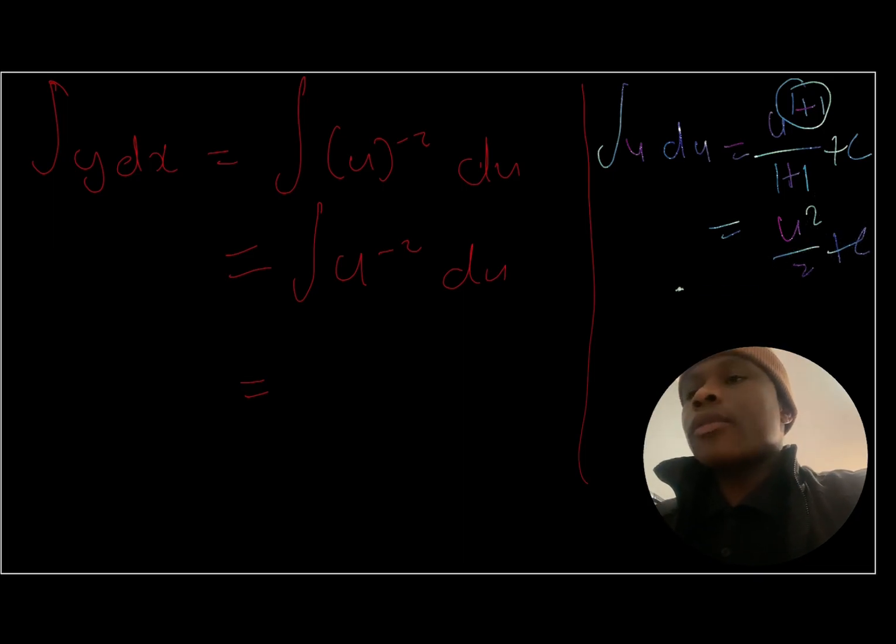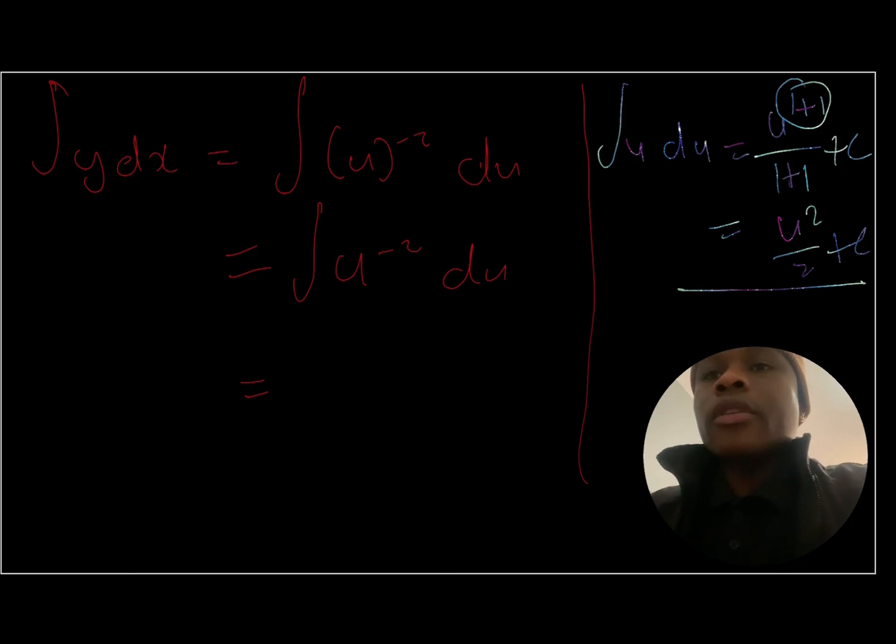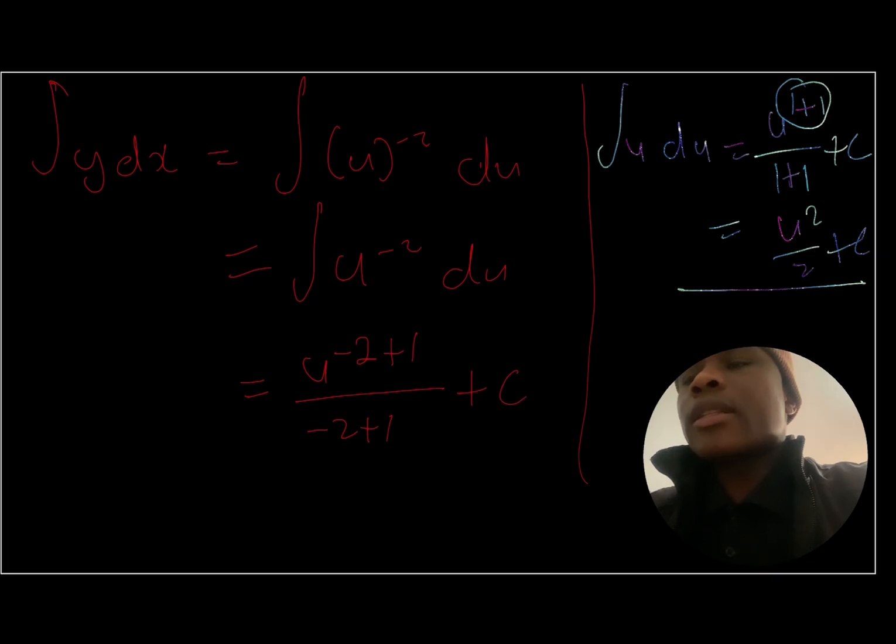We're going to use this formula here. This time we have an exponent of negative 2. Therefore, we say u to the negative 2 plus 1, divided by negative 2 plus 1, plus c, where c is our constant.